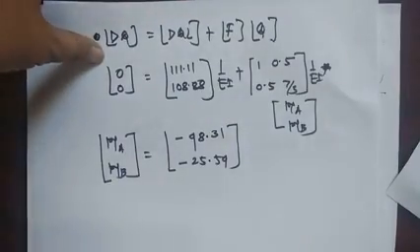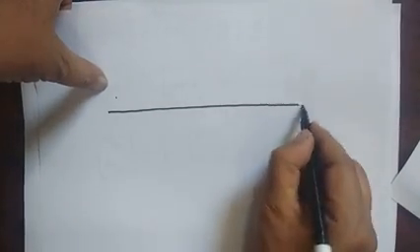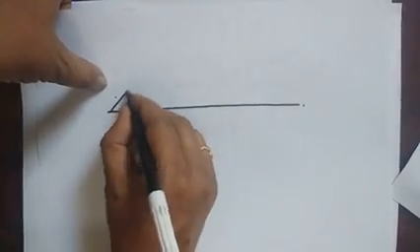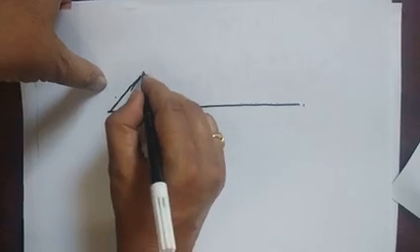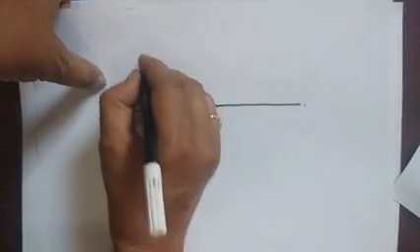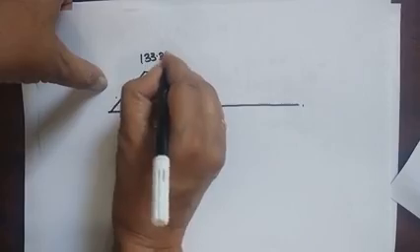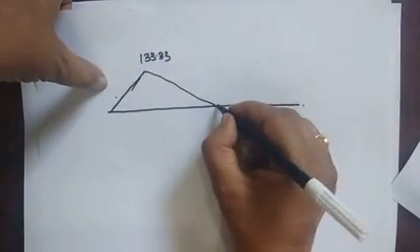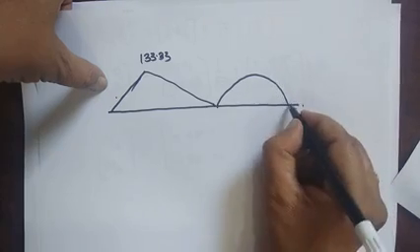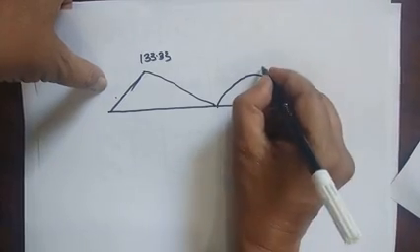So the final diagram of this bending moment is here. Draw first the free bending moment diagram. WAB by L, that is 133.33, and here is W L square by 8, that is 30.